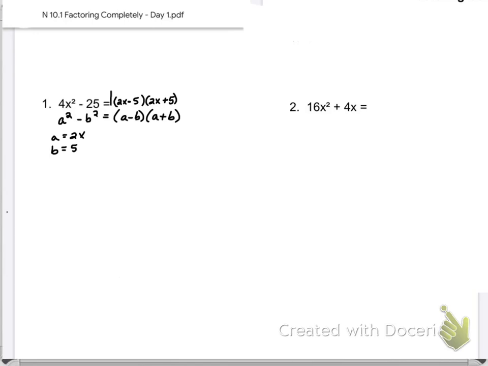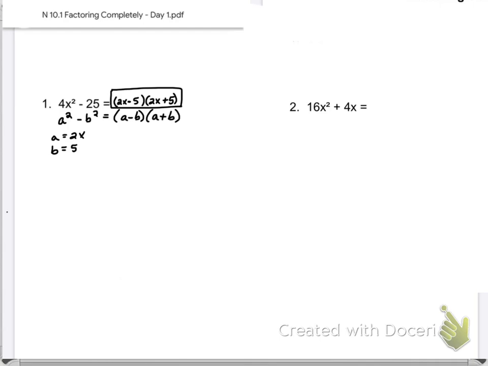And then that's your answer. That is factored completely. Once you get down to linear factors, factors that have just an x in them, not an x squared or an x cubed, then you're done. Okay? So that's your difference of squares factorization. You have to be able to take a nice even square root of each of those 2 terms.